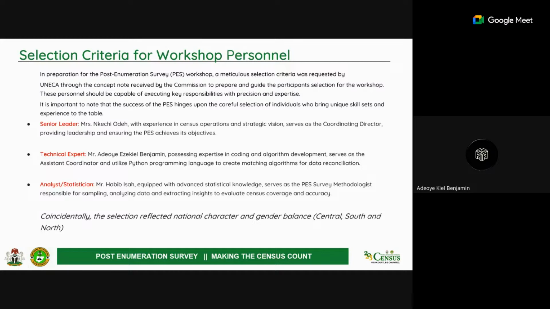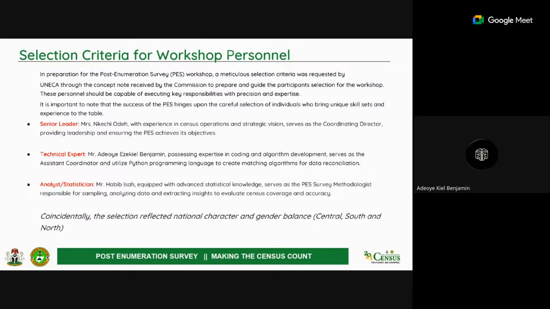Second, the technical expert, and out of the people, Mr. Adele Ezekiel was selected. He possesses expertise in coding and algorithm development, serves as assistant coordinator in the team, and utilizes the Python programming language to create the matching algorithm. The third person selected was the analyst, a statistician.